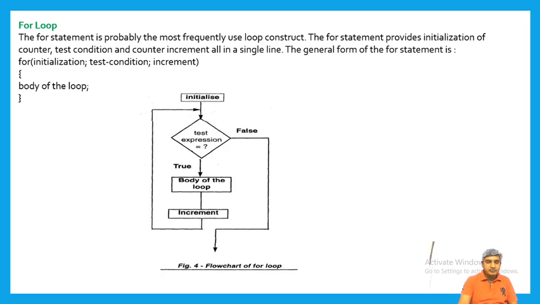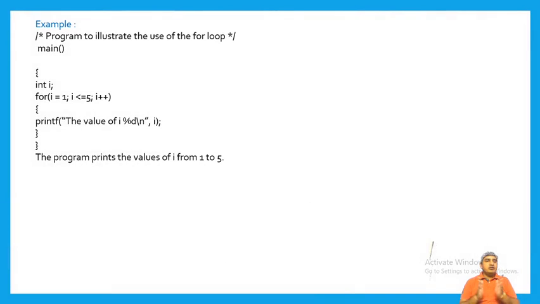Now, one simple problem. Program to illustrate the use of a for loop. Main. Integer i. For i is equal to 1, i is less than or equal to 5, i++. i is equal to 1, this is the initialization. i is less than or equal to 5, this is the test condition. i is incremented, this is the increment.